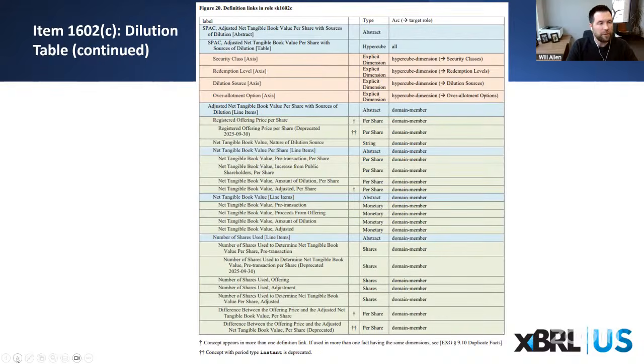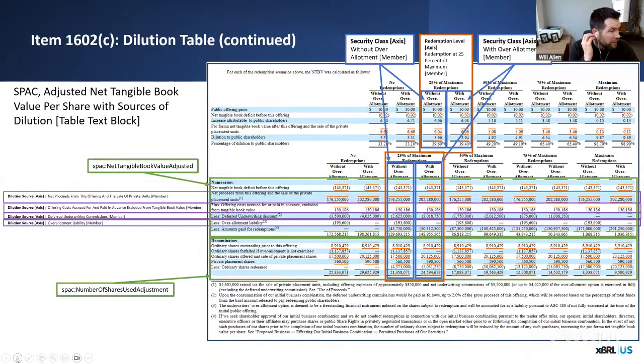So if we could go to the next slide, we have a sample table here. And I didn't mark every dimension, and I didn't mark every redemption level or over allotment or anything like that, because it would be a little bit overwhelming. But what you can see here is let's start with the orange. So those are the redemption level axis, and the one I highlight is 25%. This is actually made up of 2 tables to show off all of this information.